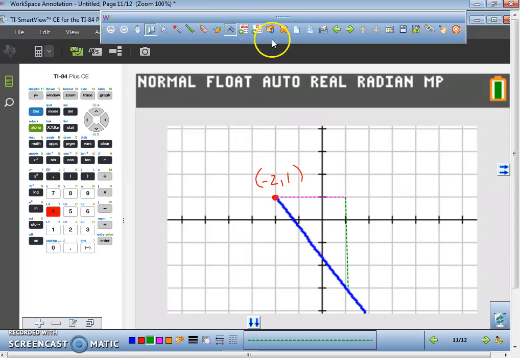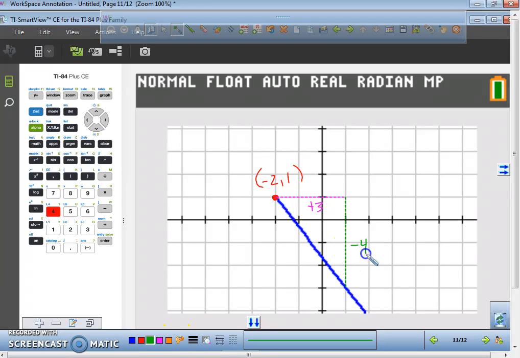Now we ran out of room, right? Because we're zooming in on this graph, but you guys can see clearly that this goes over plus 3, and it goes down 4. That's where this part comes in. 3, -4. This is your A1. This is your A2. This is your horizontal component. This is your vertical component.